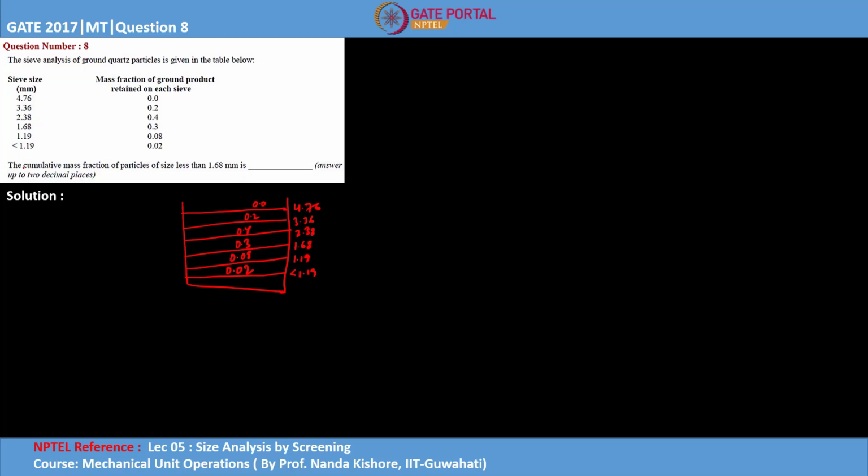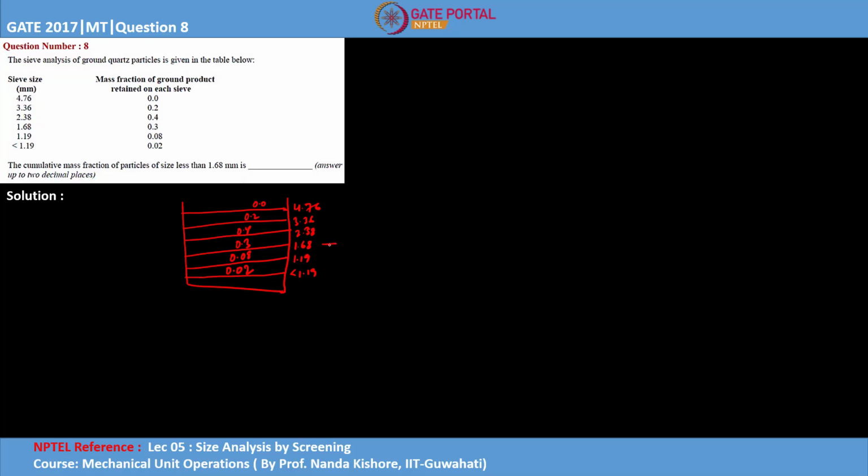Now the question is asking for the cumulative mass fraction of particles of size less than 1.68 mm. First we will see where the sieve of size 1.68 mm is.